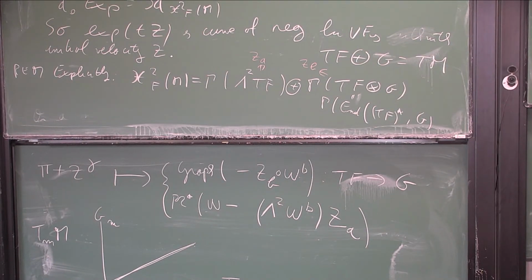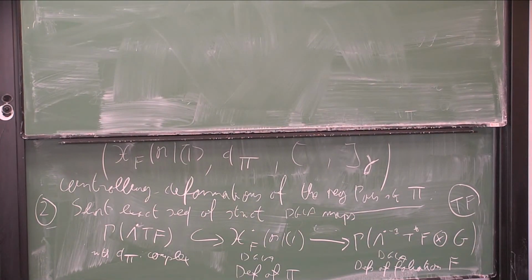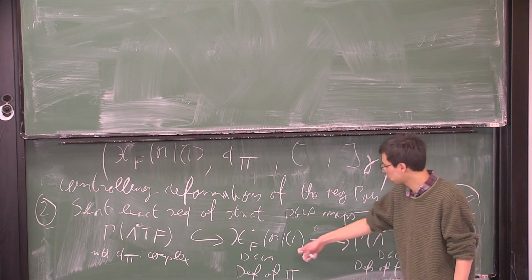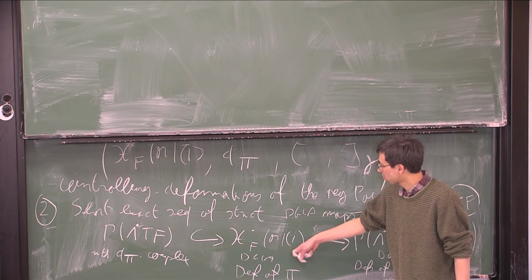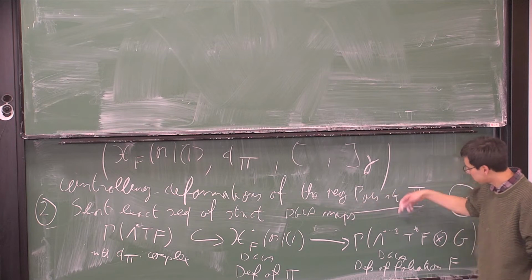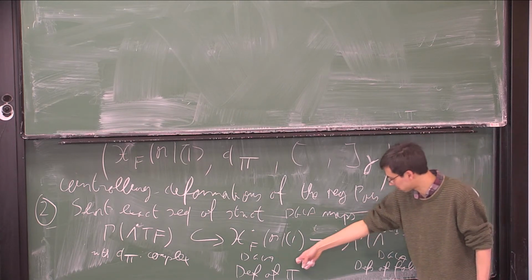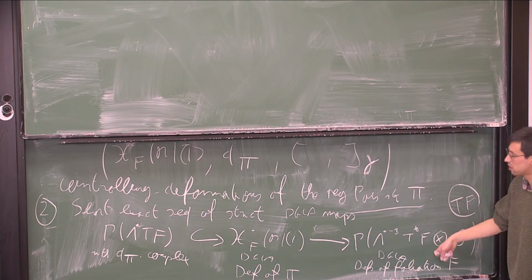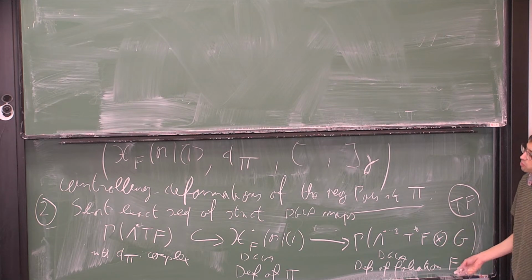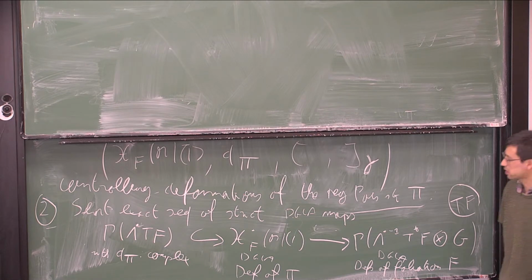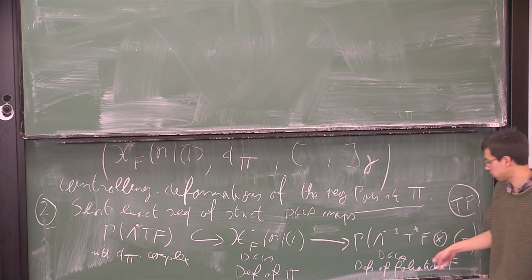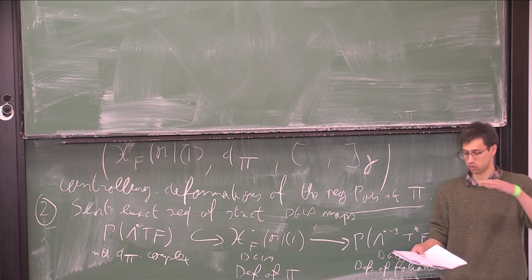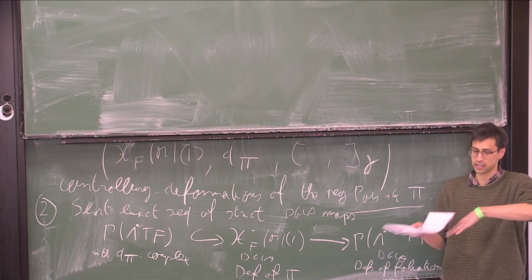So I wrote this down to emphasize that if you have a deformation, we have a strict DGLA map, so that relates the deformations of regular Poisson structures and of foliations. And that's to be expected because at the level of Maurer-Cartan elements, here we have regular Poisson structures, here we have foliations, and it's obvious that if you have a regular Poisson structure, you can take its underlying foliation.